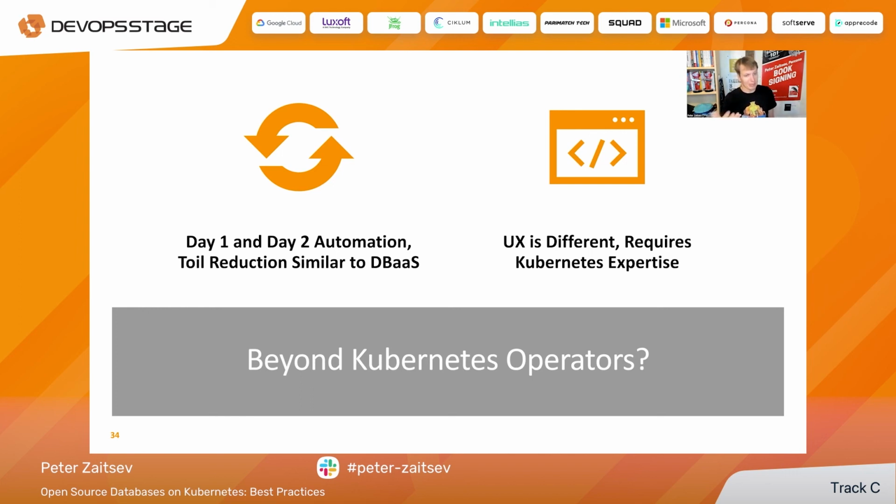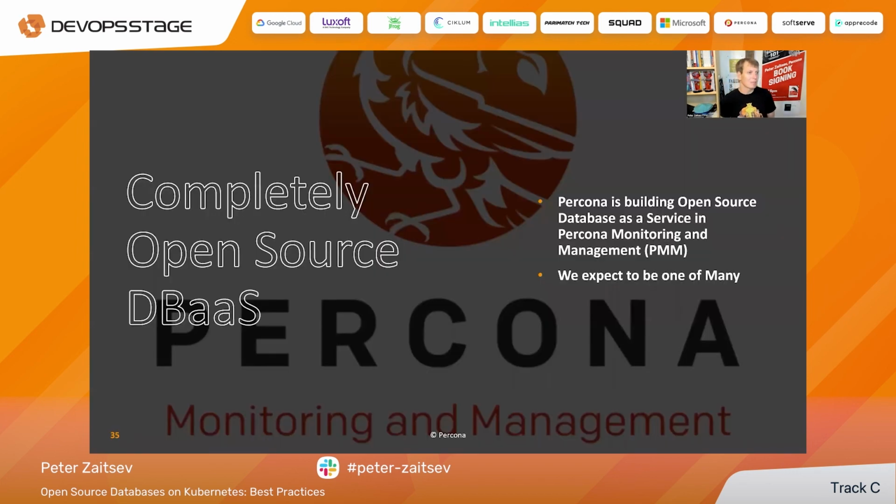So what is possible out there? Well, at Percona, beyond our work on the Kubernetes operators, we are also working on PMM being able to serve as a graphical user interface to deploy and manage database as a service with our operators.